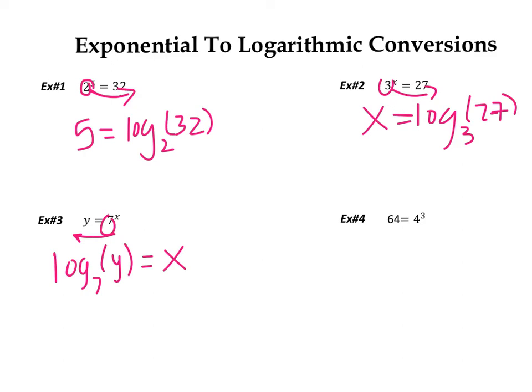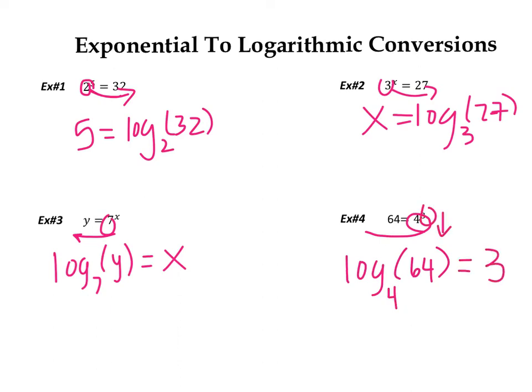It's kind of like taking a rope and launching for that base and then pulling it back down to the log. So let's take the log of 64 and lasso that 4 down as a base. That'll equal the exponent, which just comes down as your 3.